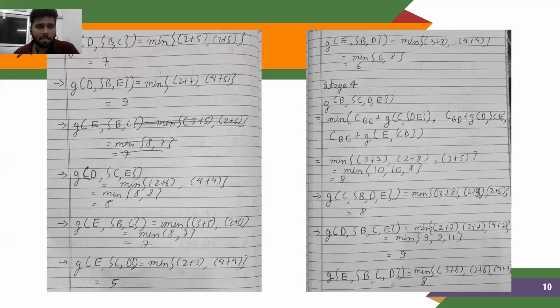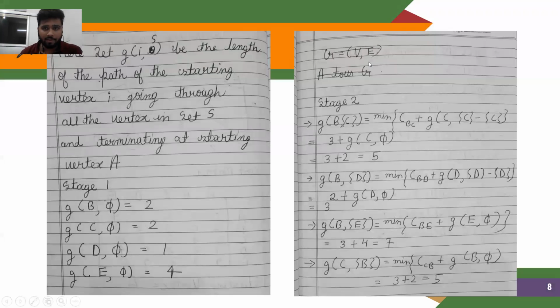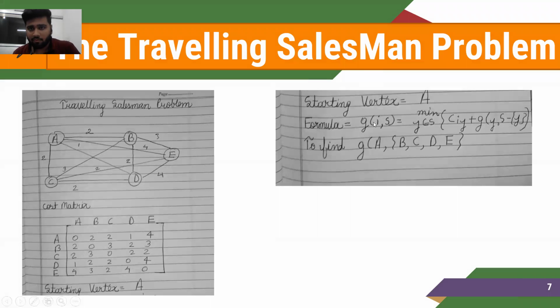Let me explain how we are referring to this value in the formula to make it clear once more. For example, G of B comma CD. So here is the formula, and we can put it here. For example, B as I and CD as set S.